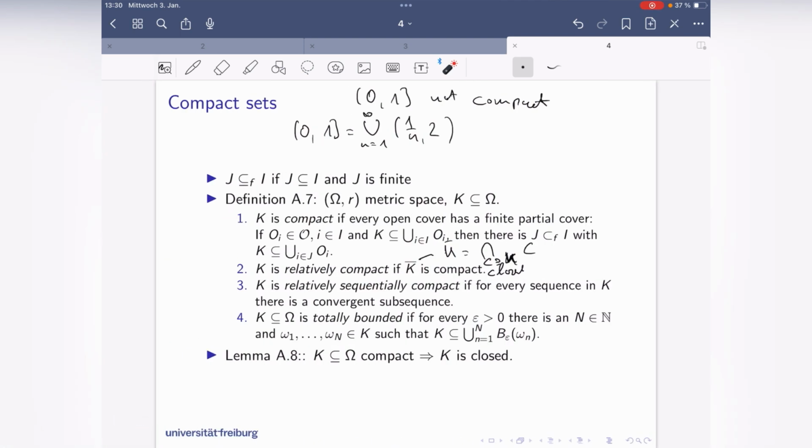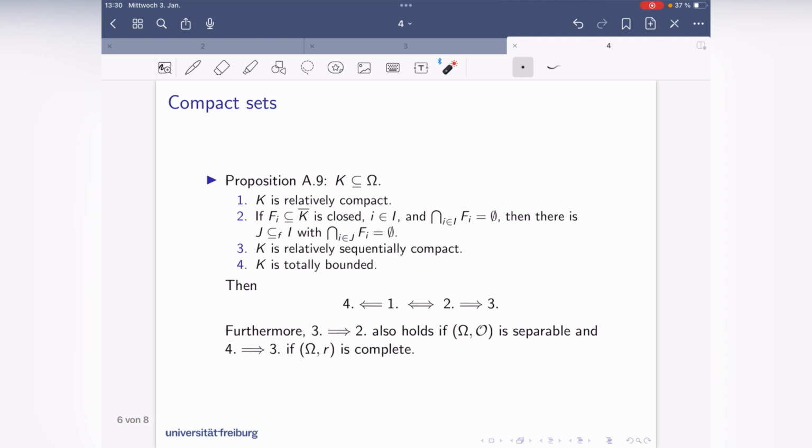So in compact you had a finite cover, but here I have something else. I have the F_i are closed sets, and I know that their intersection is the empty set. And when that's the case, then there's a finite J such that the intersection of the F_i, i in J, is already the empty set.